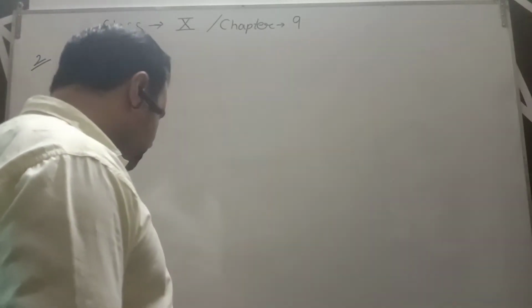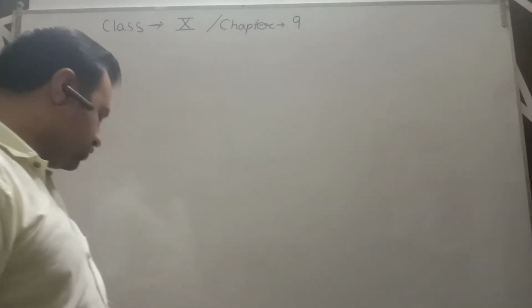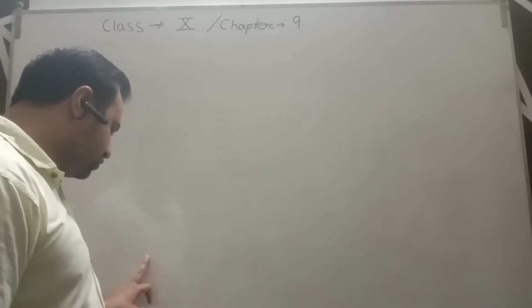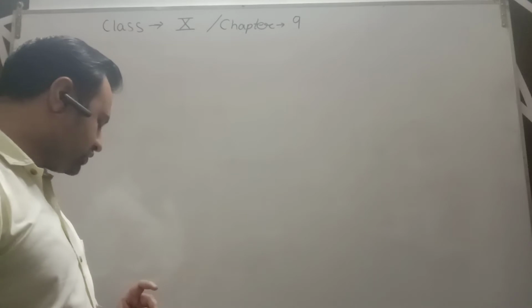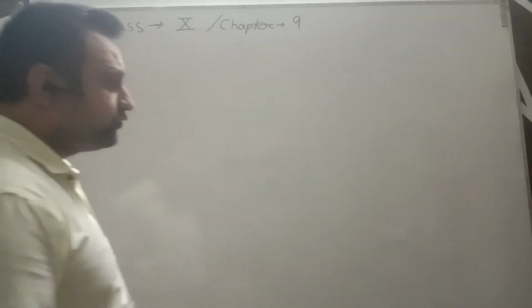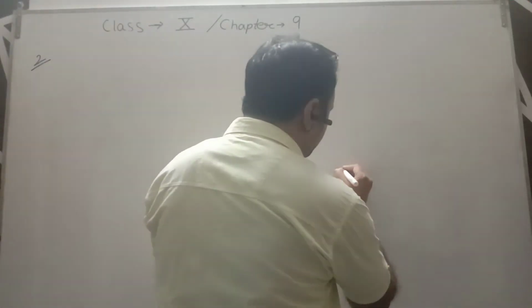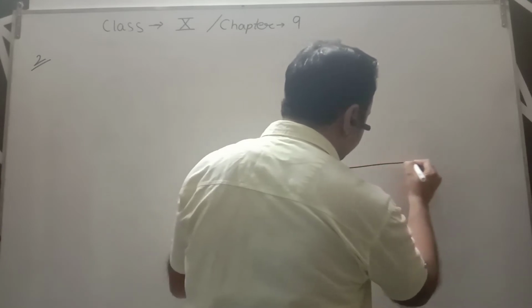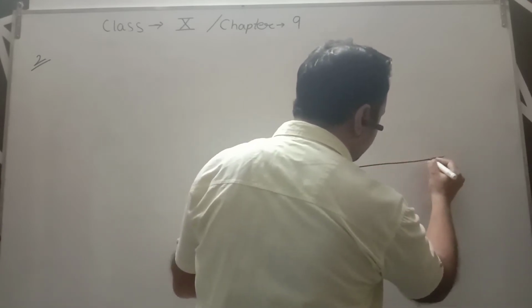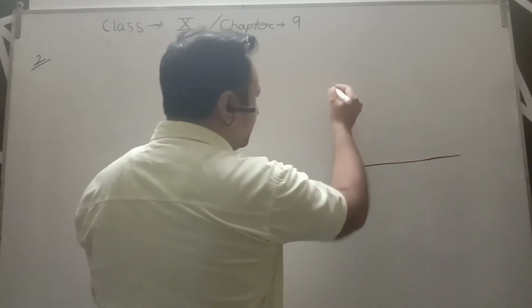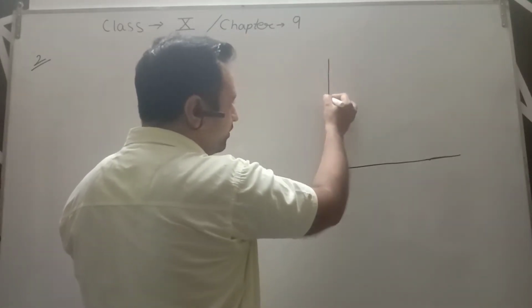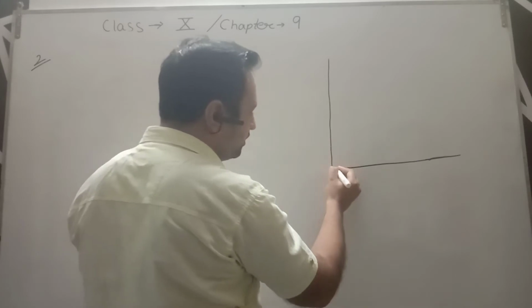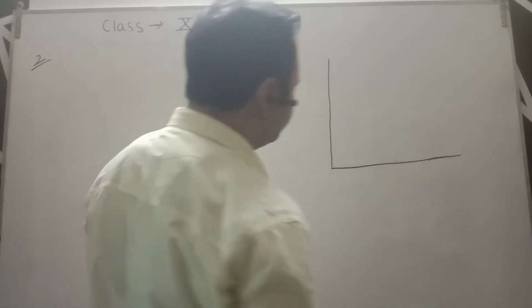Now we continue with question number 2. In question number 2, a tree breaks due to storm and the broken part bends. In this question we discuss a tree. So firstly we draw a horizontal line which represents the ground, and we draw a vertical line which represents a tree.